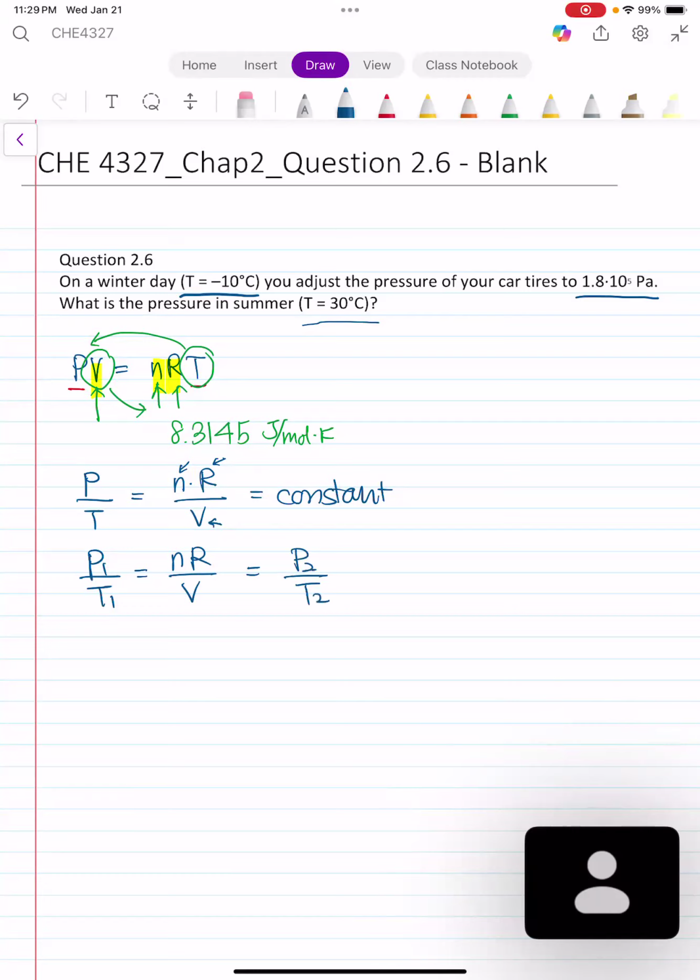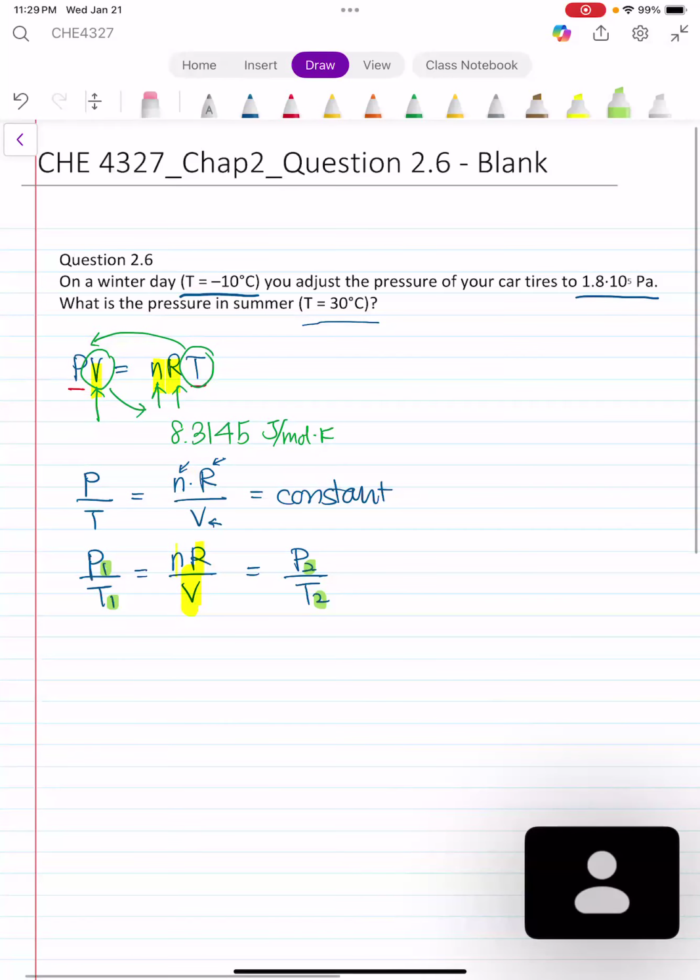Since our n is constant, R is constant, V is constant, whether you have the gas in the tire at one condition or another condition, the ratio between P and T should remain the same.